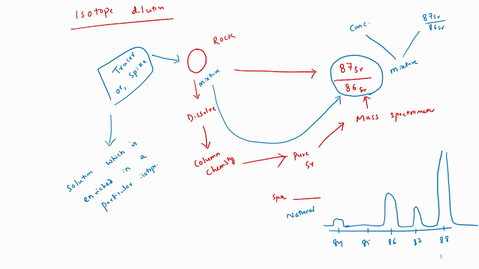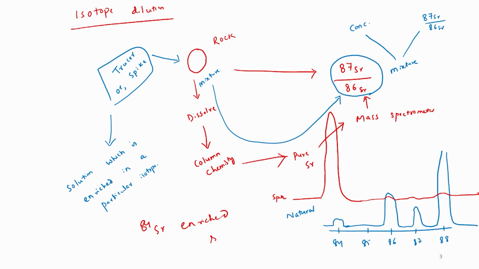Generally, those isotopes are created in a cyclotron, where strategically the lowermost isotope, in this case 84, the least abundant isotope, is enriched, and the other isotopes are actually negligible.